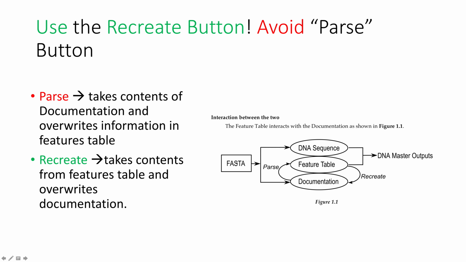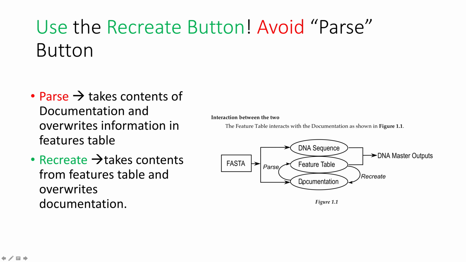So we import the FASTA sequence of the genome, and that DNA sequence is analyzed by the different programs, and the output from those different programs is stored in documentation. Then, since it's not easy for us to understand the information in documentation, it is parsed into the feature table.